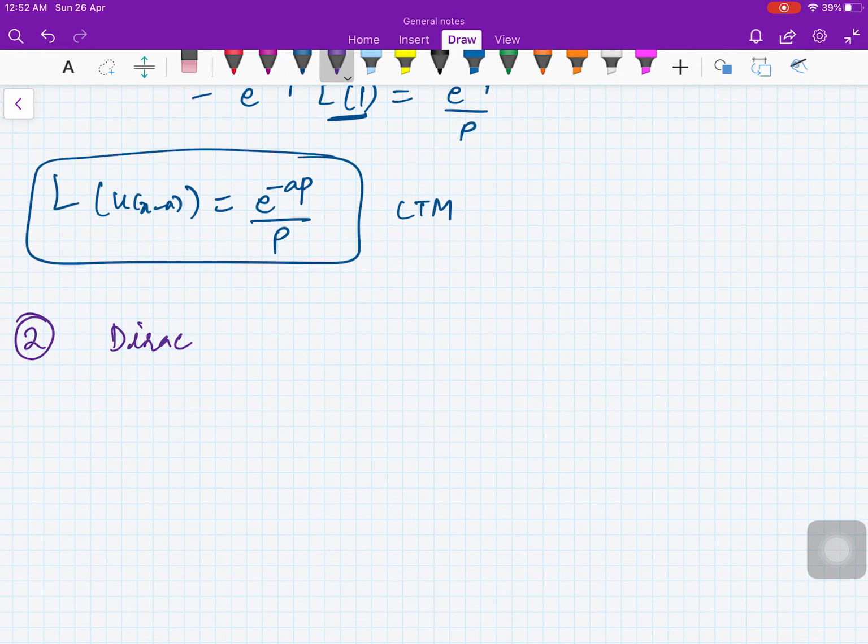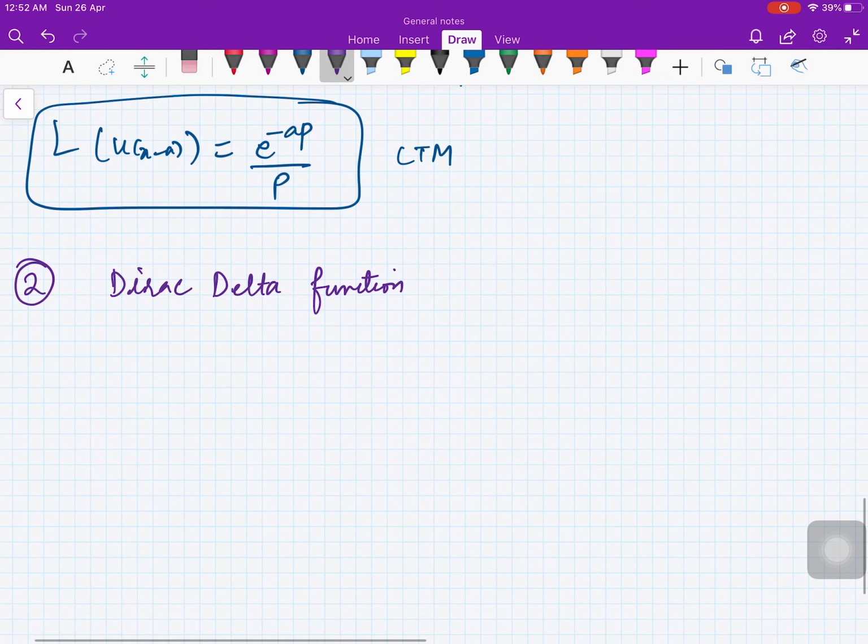Now the next result is something called the Dirac delta function. I'll first tell you what this function is. This function, denoted by delta of x, is a function which is 0 for x not equal to 0.